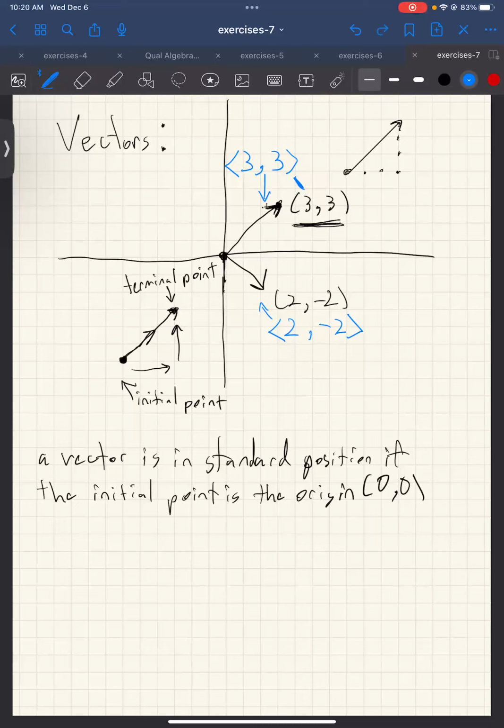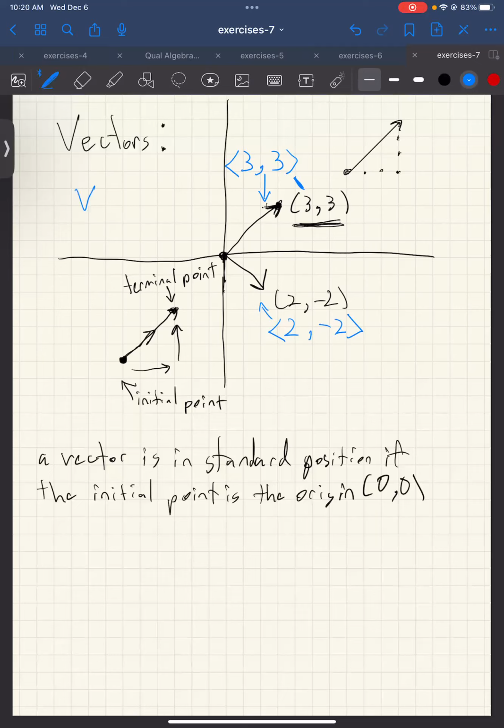Now, a side note, we like to represent our vectors with variables. Just like in math, we'll write a squared plus b squared equals c squared if we were in a right triangle. We like to represent things using variables. So if I represent a vector with a variable, I want to make it very clear that this isn't some number that I'm talking about.